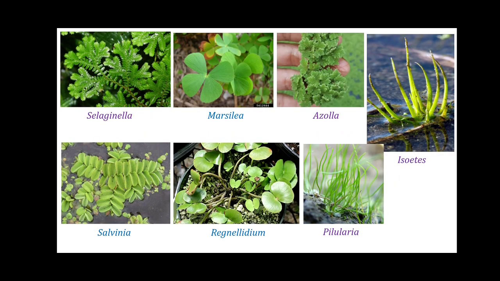Here you can see the various genera. This is Selaginella, from where the seed habit and heterospory actually developed. We will see this in the next slides. Marsilea, Azolla, Isoetes, Pilularia, Regnellidium and this Salvinia.